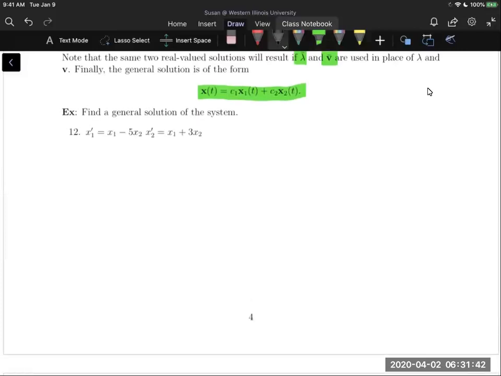Let's go ahead and write this system in matrix form, which is x prime equals the coefficient matrix [1, -5; 1, 3] times our vector x. And then from here, let's set up our characteristic equation. We want det(A minus lambda I) equals 0.